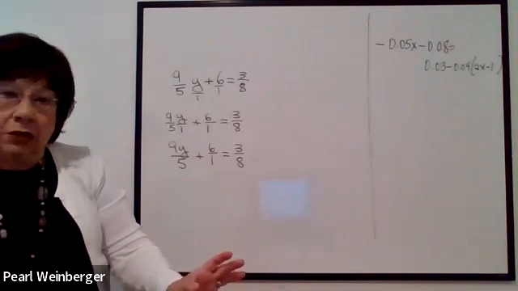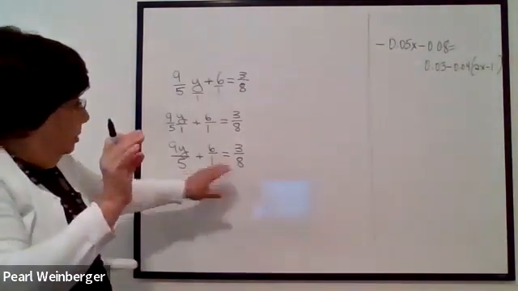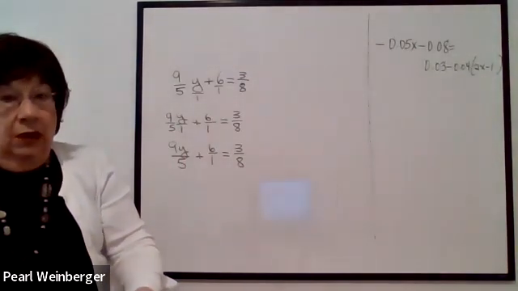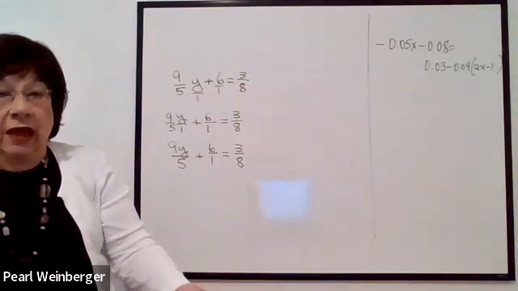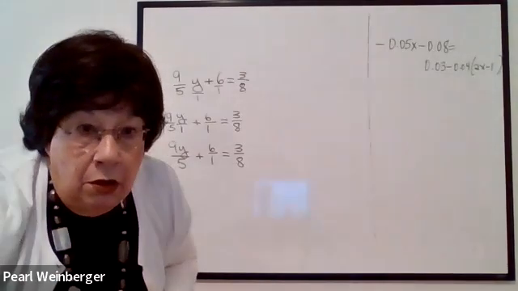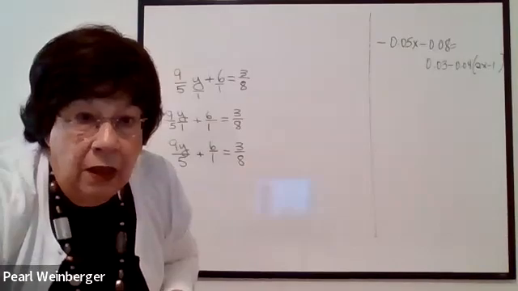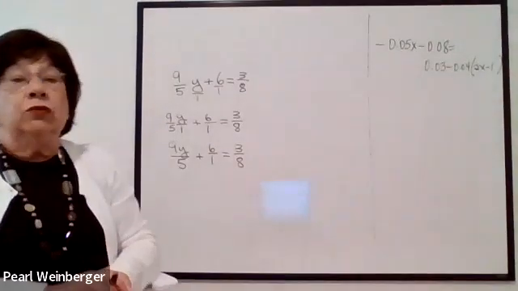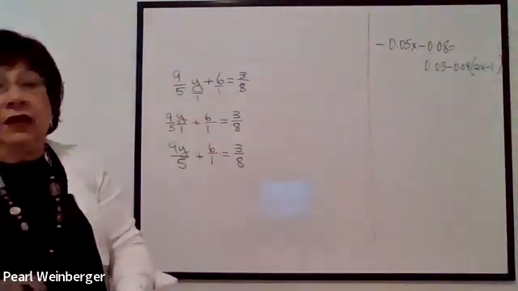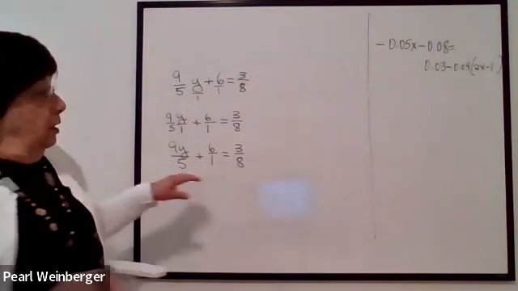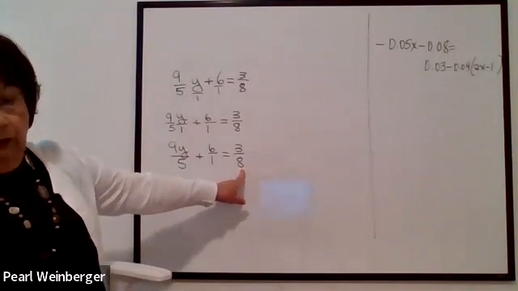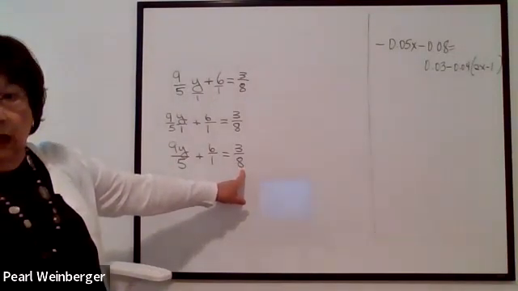But when you have relatively simple numbers, and 5, 1, and 8 are relatively simple numbers, what you're looking for in a common denominator is a number that every single one of the denominators will divide evenly into. One way of doing that is to look at the largest number. The largest denominator here is 8.